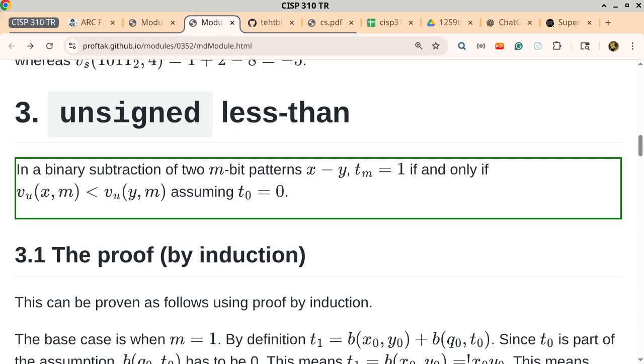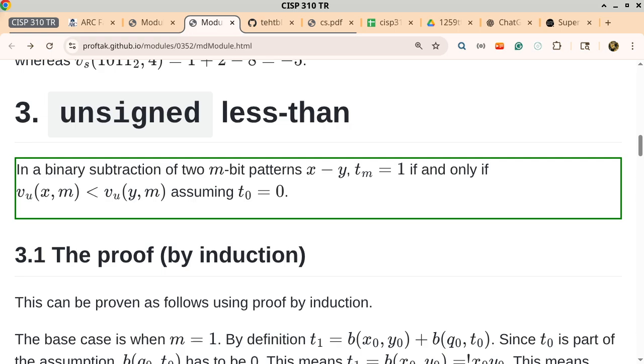So I really have to go over what the green boxes are saying. In a binary subtraction of two m-bit patterns, x minus y, where x is a bit pattern and y is a bit pattern, because the two numbers are m bits wide, m is the number of bits for both x, y, and also the difference.